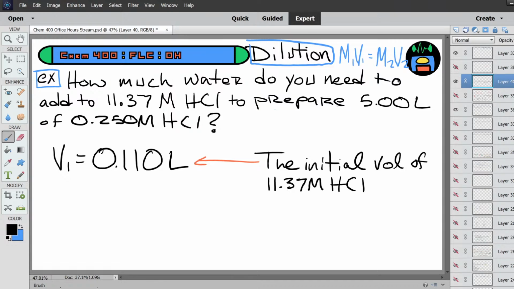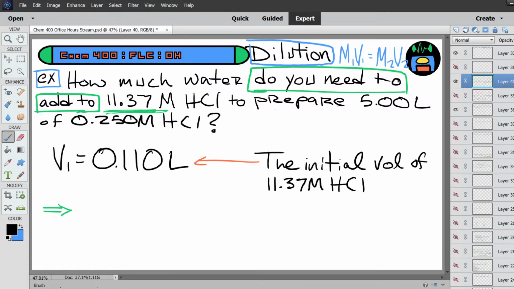But you'll notice that that's not what this problem asked us to find. This problem didn't ask us to find the initial volume of HCl. It actually asked us, how much water do you need to add to the 11.37 molar HCl?